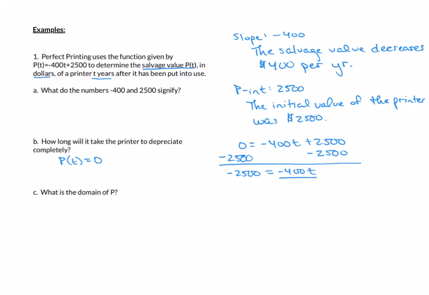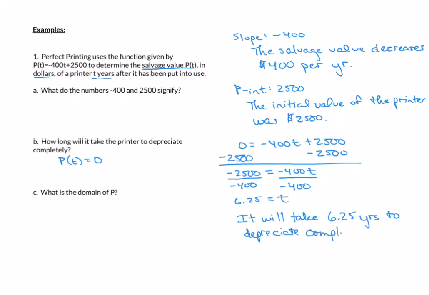And then we're going to divide by negative 400. I get 6.25. So it will take 6.25 years to depreciate completely.